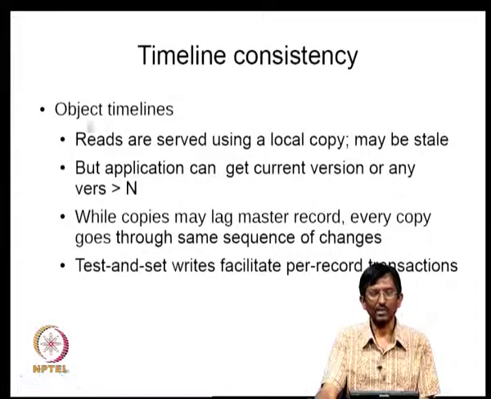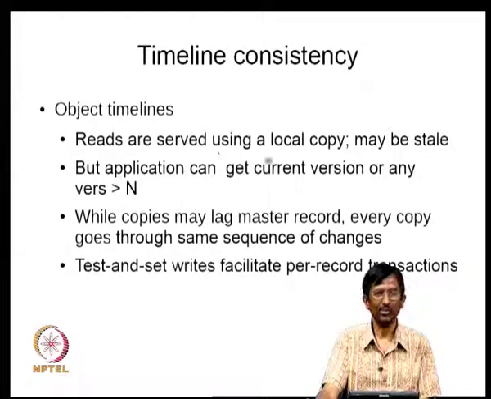For example, they have something called the timeline consistency model. The basic idea is that a particular object has a timeline. In a sense, it got read here, it got modified here, etc. There are various versions of the object available.